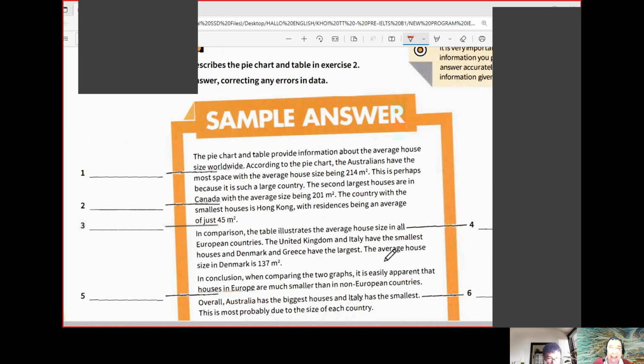Number one is the pie chart, and the pie chart provides information. We do not include the table in here, right?